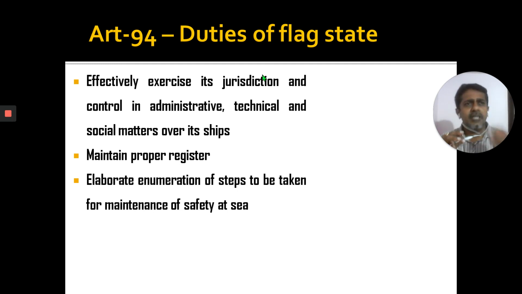Clearly, it has to be mentioned, and clear steps have to be taken, that ships sailing on the high sea should not cause any damage to the sea. That has to be taken care of by the state under whose flag the ship is sailing.